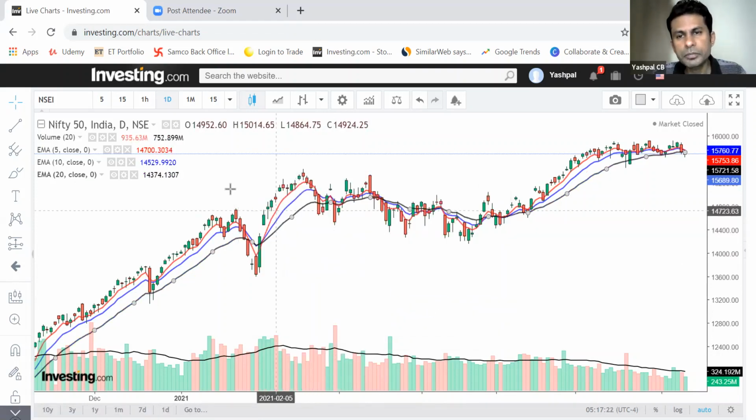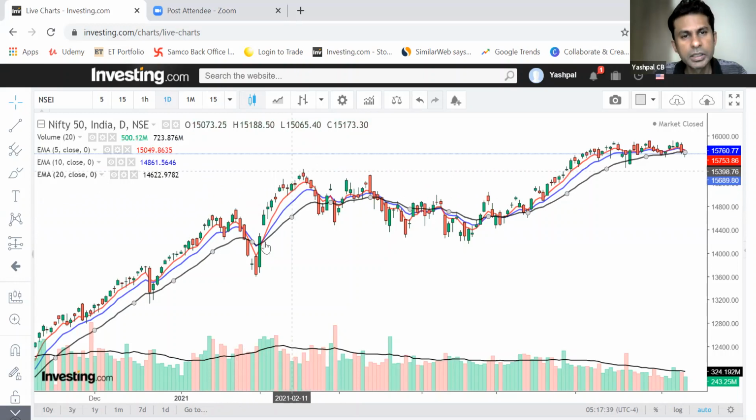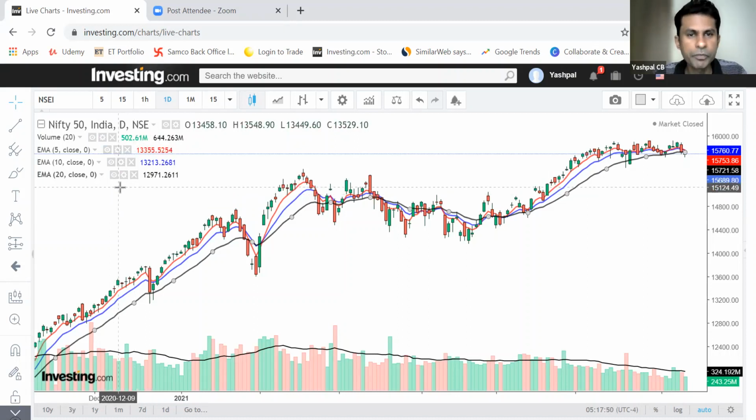See, here I have added the 5-day moving average. Since I am looking at the daily chart, each candle is of 1 day, so the moving average will also be calculated depending on each candle. So the first one is the 5-day moving average, the second is the 10-day moving average, and the third is the 20-day moving average. All three moving averages we have applied.